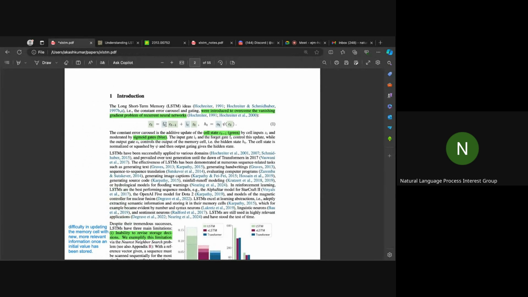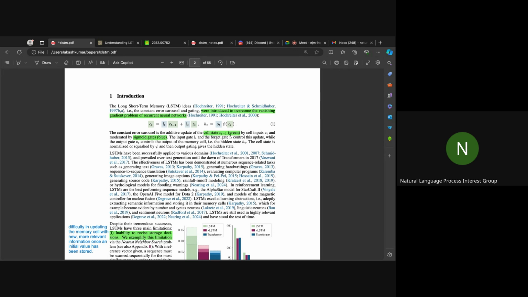The three major gates that we talked about, the forget gate, the input gate, and the output gate, were all sigmoids. As I said earlier, sigmoids have the nice property of squishing everything between 0 to 1.